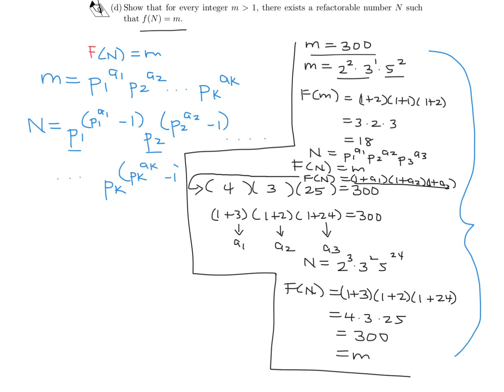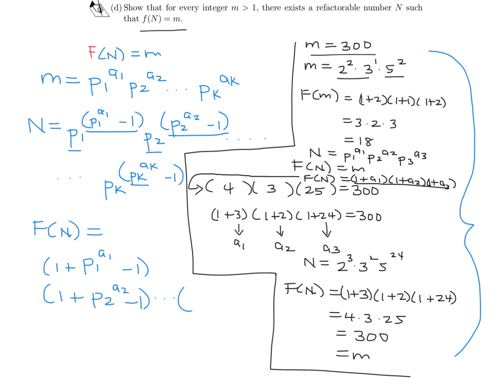Now when you calculate f at n, watch what happens. Remember how to calculate f at n. You take this exponent, a1 minus 1, and add 1 to it. Then you multiply by the next one, a2 minus 1, and add 1 to it. You keep multiplying until you get to ak minus 1 plus 1.